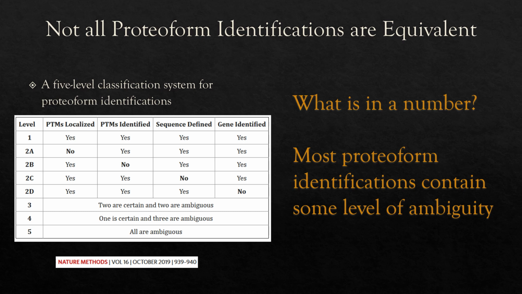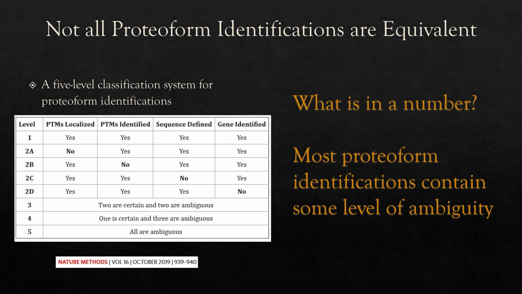Not all proteoform identifications are equivalent. The people that do proteoform analysis are very fond of publishing papers where the number of proteoforms identified is in the title. And we all like to compete with each other to get the biggest number in the title. But the fact of the matter is that when we're talking about identifying a proteoform, we don't necessarily all mean the same thing.